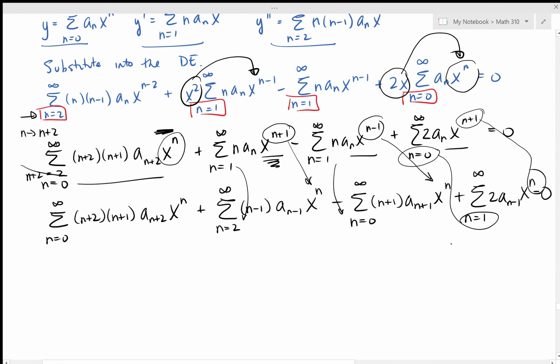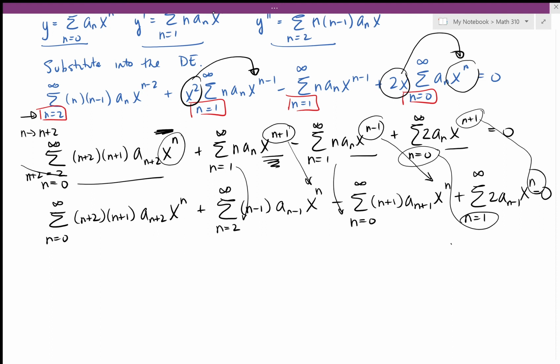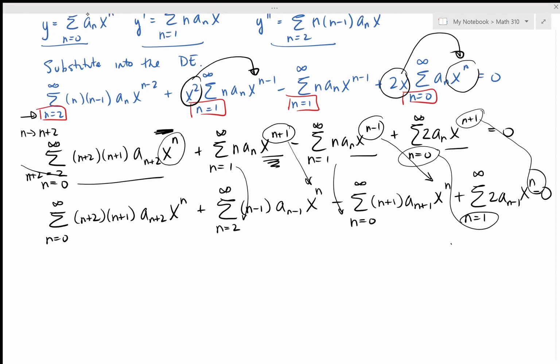Okay, now I've got them all in powers of x to the n, so I can very easily add these together. I'll just highlight the important feature right here. All the sums are now expressed in powers of the same exponent, x to the n.